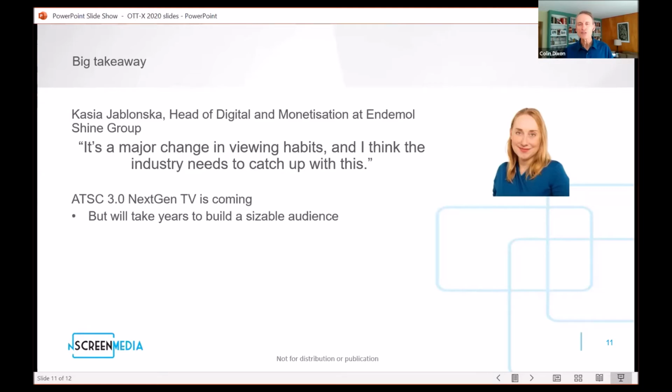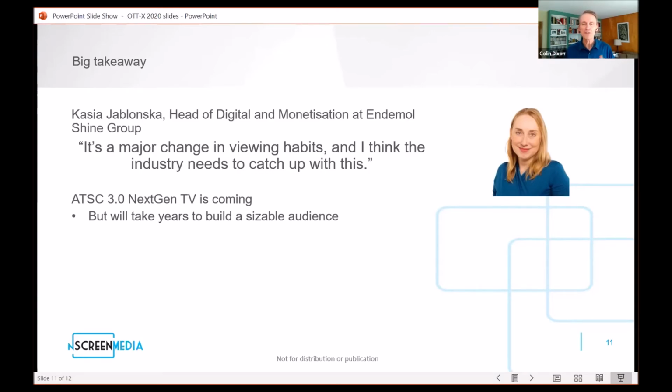Now, I don't want to be knocking next-gen TV. It is a great technology. ATSC 3.0 is a great technology and really does bring broadcasting into the digital age, into the internet age. But I've got to say, it will take years to build a sizable audience.